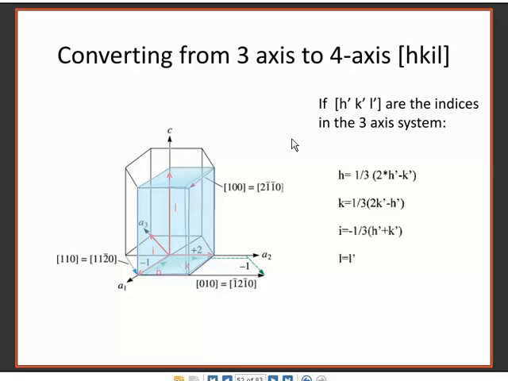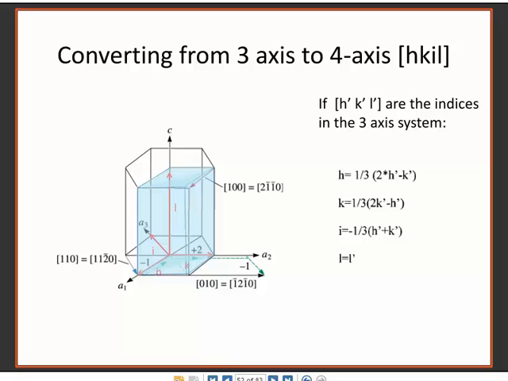To convert between the two, we use this set of equations. If H prime, K prime and L prime are the Miller indices in the three-axis system, then H, K, I, L are the Miller-Bravais indices in the four-axis system. To convert, we can use these equations, and let me just give an example. Let's have a look at this 100 direction as an example.